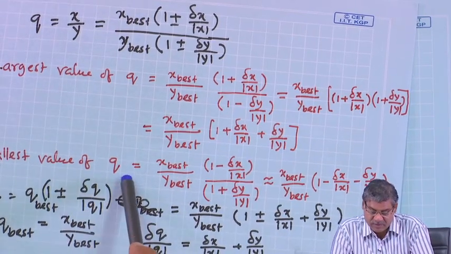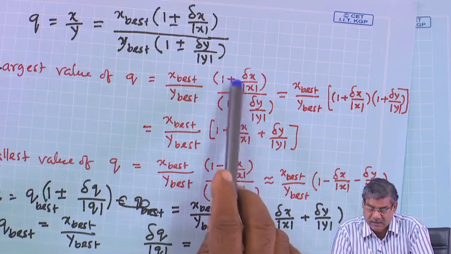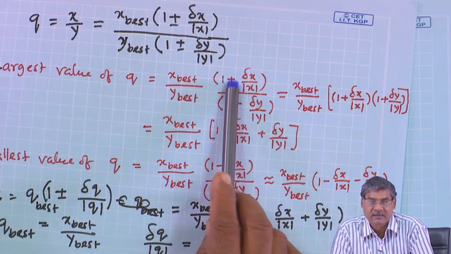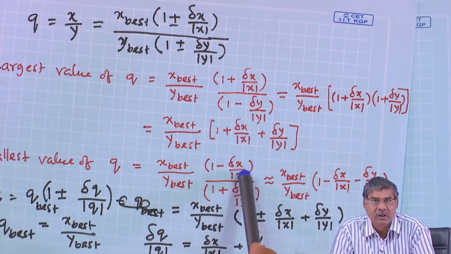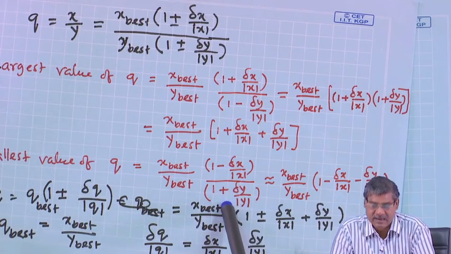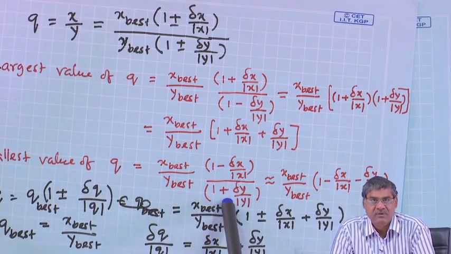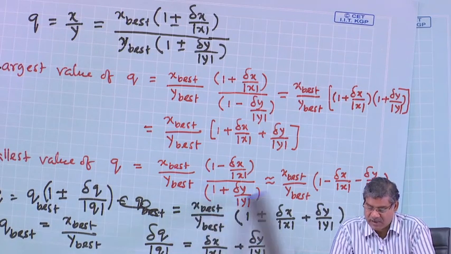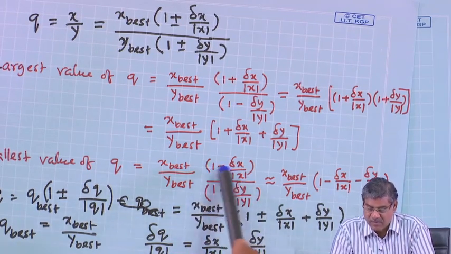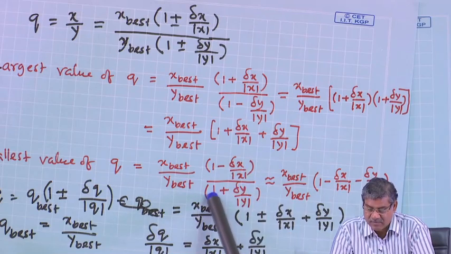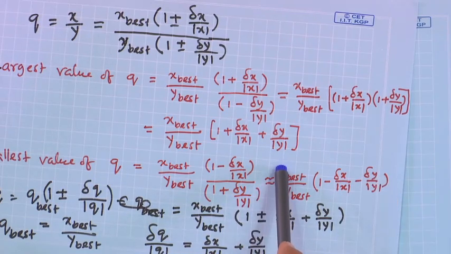Similarly, for the smallest value of q, the numerator has to be smaller and the denominator has to be higher. So, here we have considered minus, and here we have considered plus. If you take this up, it will be 1 minus this, into 1 minus del y by y.